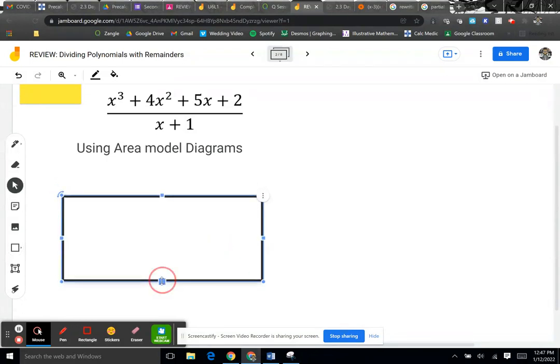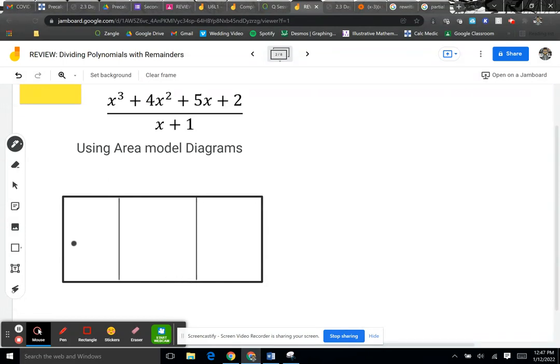We know that we're going to be multiplying x plus 1 by some other factor to get x cubed plus 4x squared plus 5x plus 2. So I'm going to create a diagram that looks like this. I have a 3 by 2 diagram here.